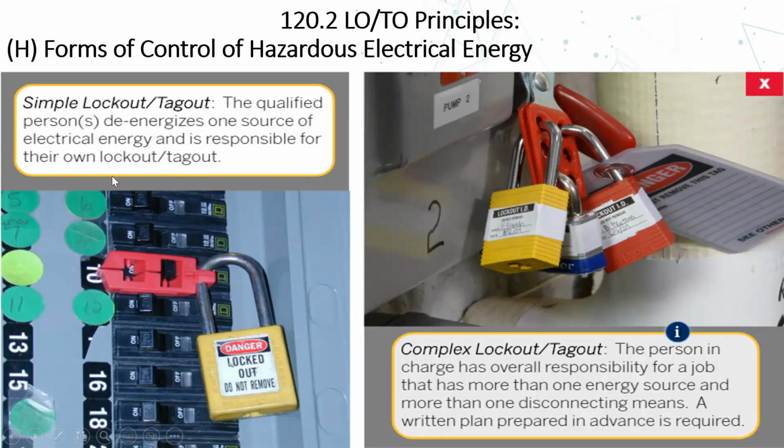So it could be I'm disconnecting one source of electrical energy, and there are multiple qualified persons who will be performing the job on that particular system, which is disconnected from one source of energy. For example, I have established an electrically safe work condition for a substation.